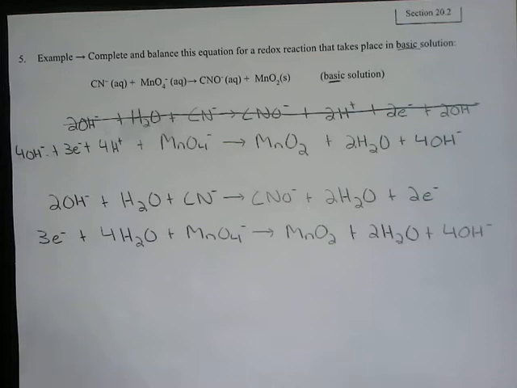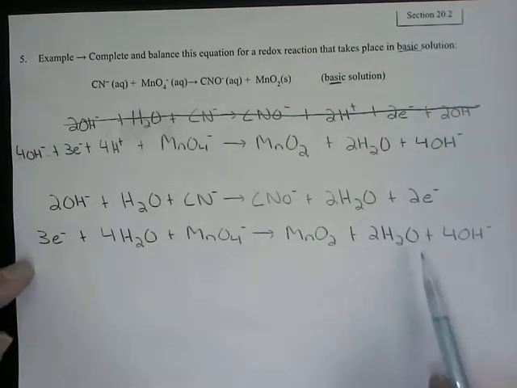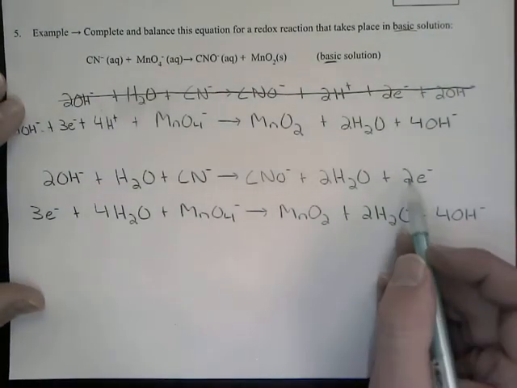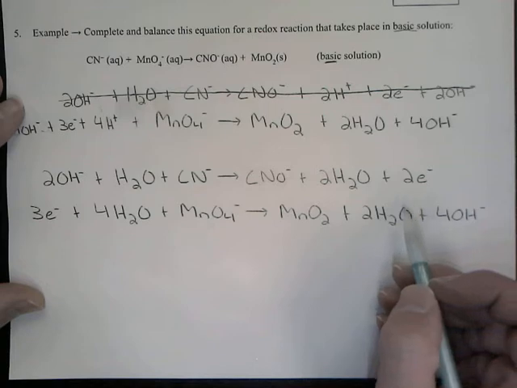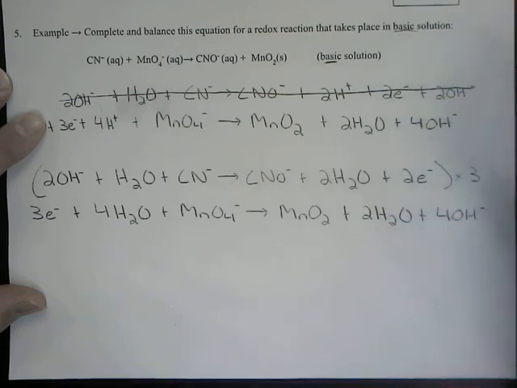Now, what we need to worry about is thinking about, hey, how can we multiply these equations so that those electrons cancel out? So what we do here, 3 and 2, they are going to meet at 6. So to get 6 electrons on my top equation, what I do is I multiply it by 3.